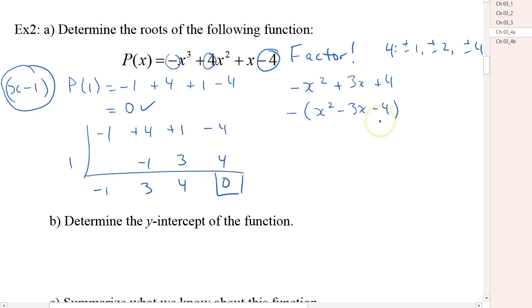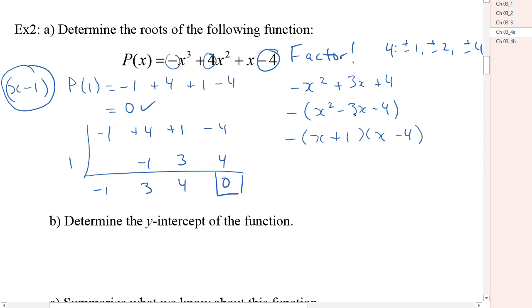Now that's so much easier to factor. I need two numbers whose product is minus 4 and whose sum is minus 3. So negative 4 and positive 1. When I multiply them together, I get negative 4. When I add them together, I get minus 3.